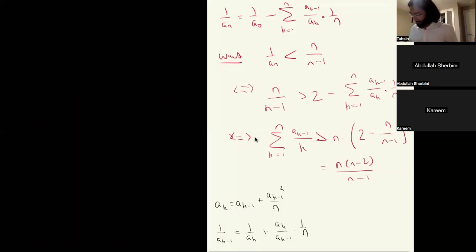So any ideas how to do that? Yeah, so maybe looking at these two, how to lower bound ak minus 1 over ak. Sorry, this should say ak.